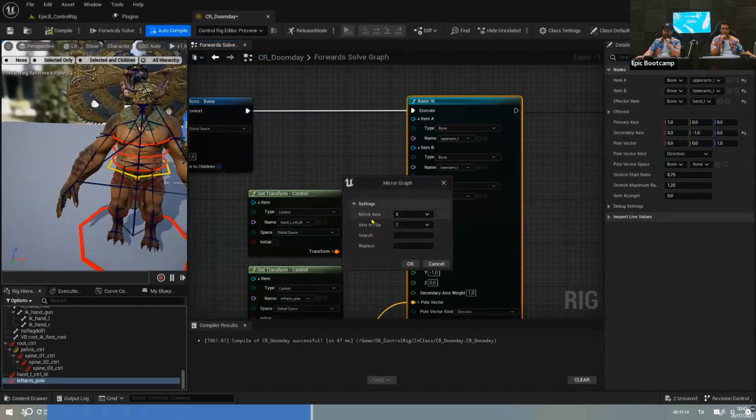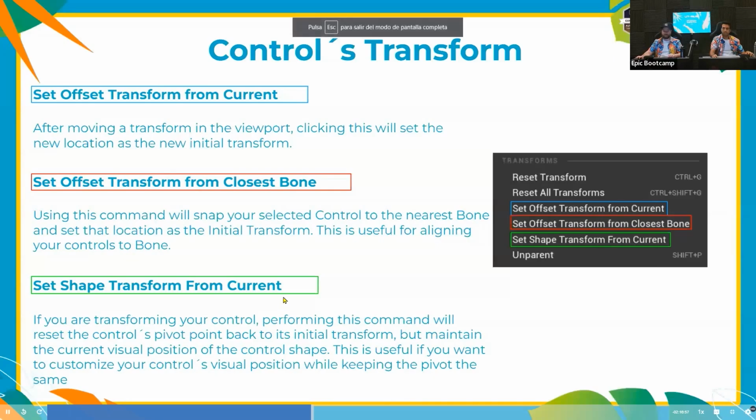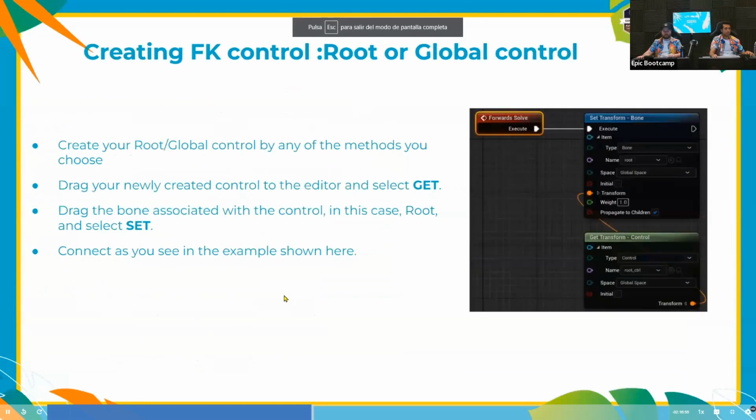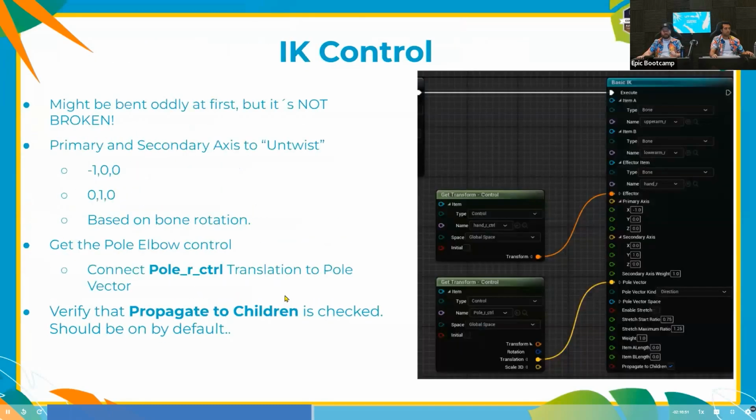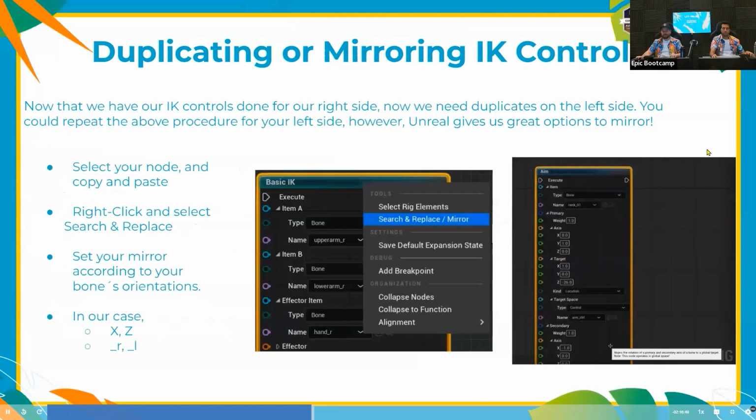And then we come here and switch the mirror axis. This is the X, our mirror axis, to flip Z, and then search. Just let me check one second. I know we have it somewhere. I mean, we've been doing this. Okay. So X and Z, yeah, exactly.